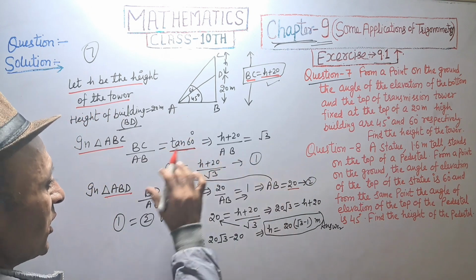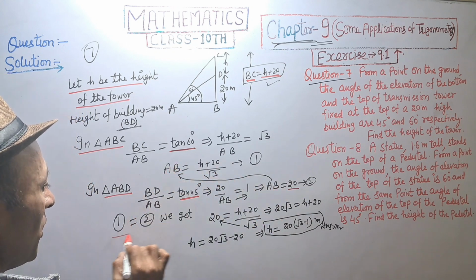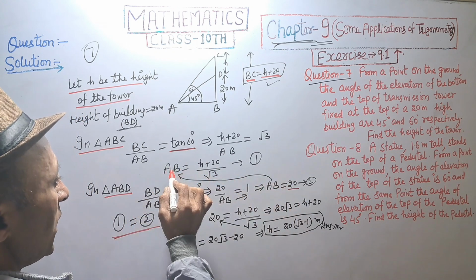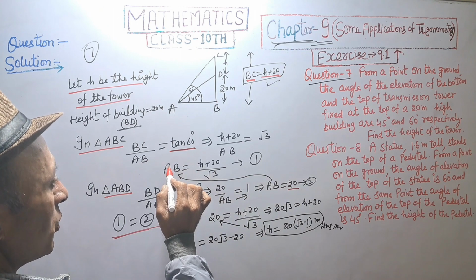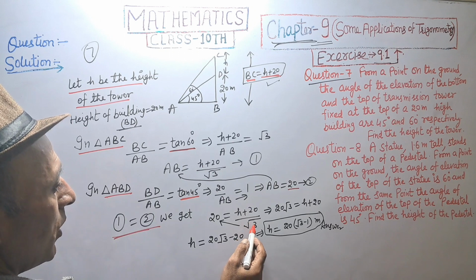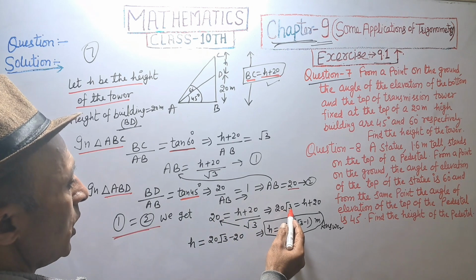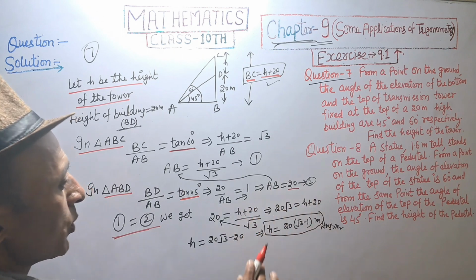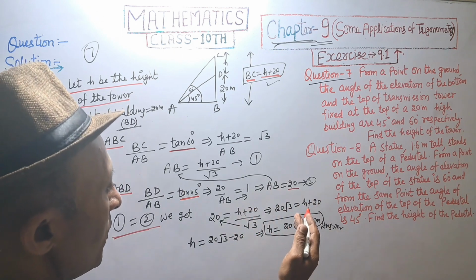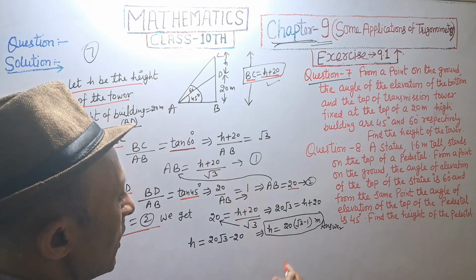From equation first and second, AB is equal to 20. First equal to second, 20 put in equation first: 20 is equal to h plus 20 upon root 3. Root 3 multiplying 20, that will be 20 root 3 equal to h plus 20. We want to find the value of h, the height of the tower.